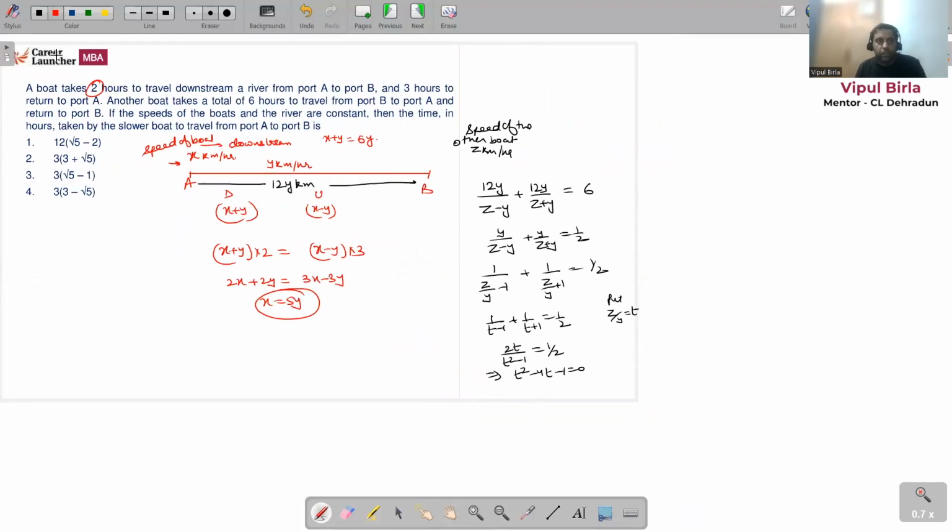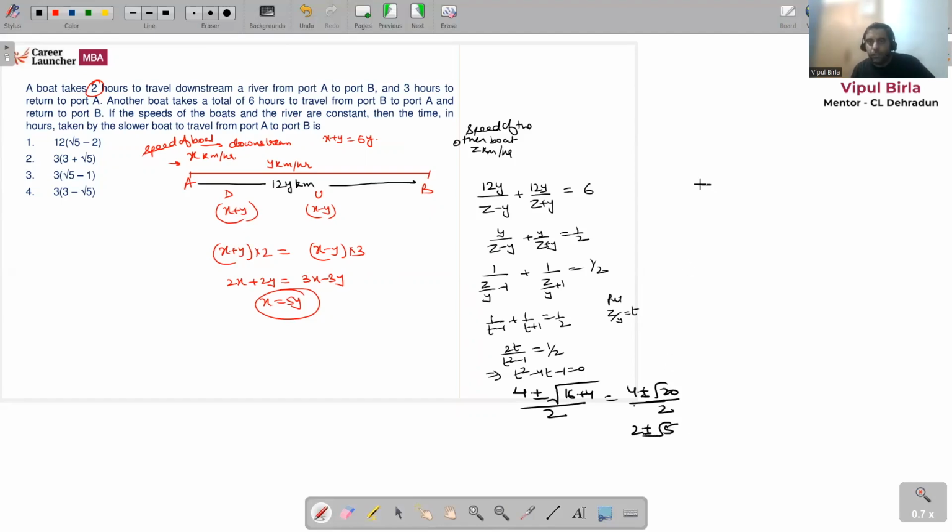Now, solving this, 4 plus minus root of b square minus 4 into a into c upon 2a, which is 4 plus minus root 20 upon 2, which is coming out to be 2 plus minus root 5. So 2 minus root 5 is not possible because the ratio cannot be negative.